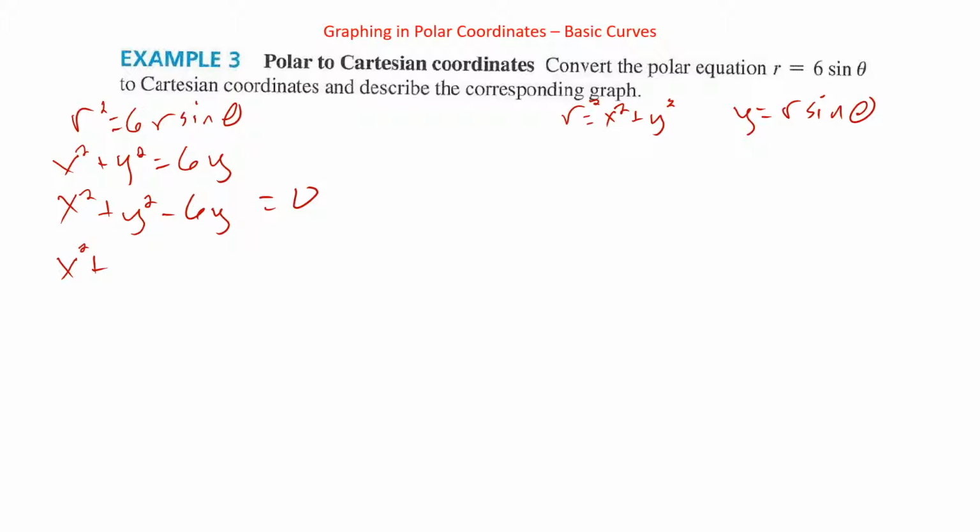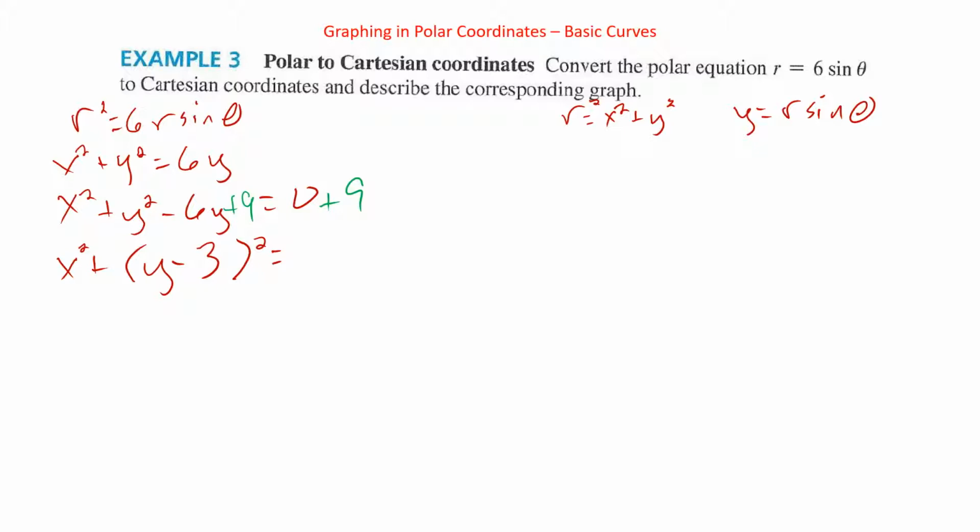The x squared is ready, and to complete the square on the y terms, we're going to have something squared equals a number. It'll be y minus, we divide this number by 2, so it's 3. And then we square that and add it to the equation. If we add 9 there, we also have to add 9 there.